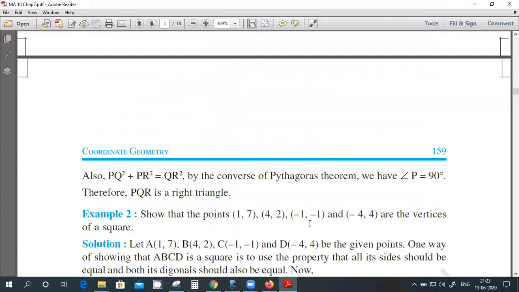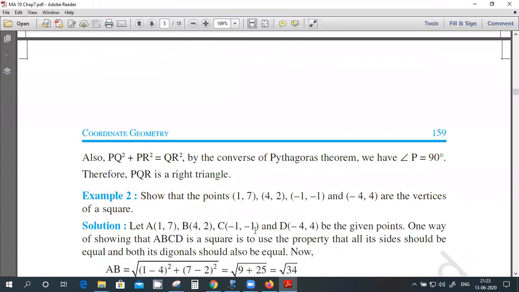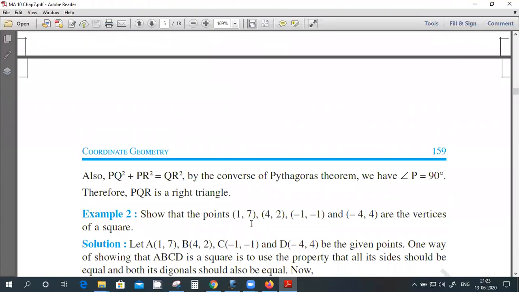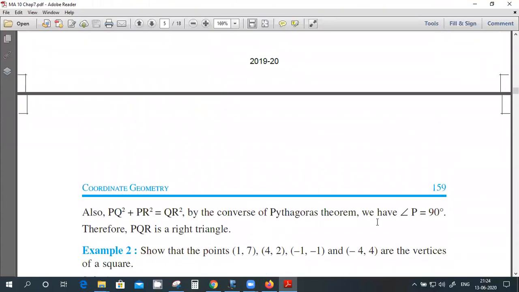So the points are vertices of a square. How do you do it? We plot it on a graph, or find the distance between the two points. Whichever are forming the sides should have the same length.